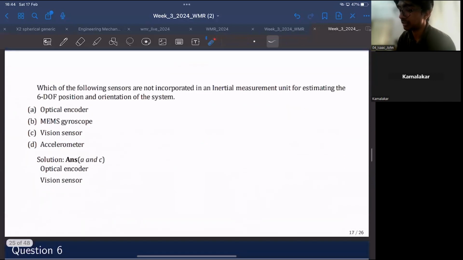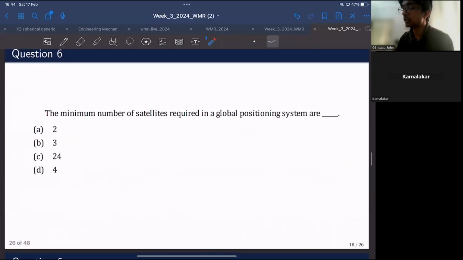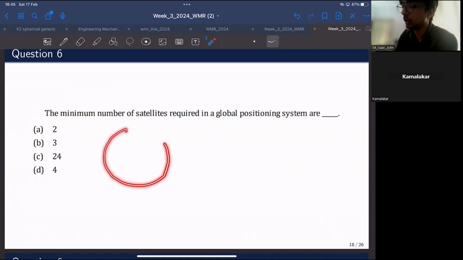Moving on, this is also another sensor-based problem. This is about the minimum number of satellites required for the global positioning system, or GPS, to work. You know what a GPS is used for. GPSs are mostly used to pinpoint the location of a receiver on the Earth.